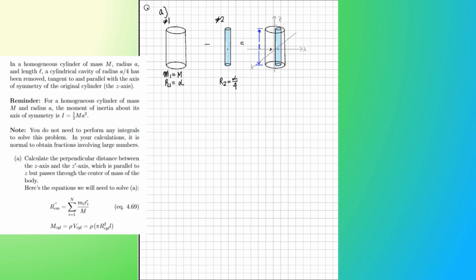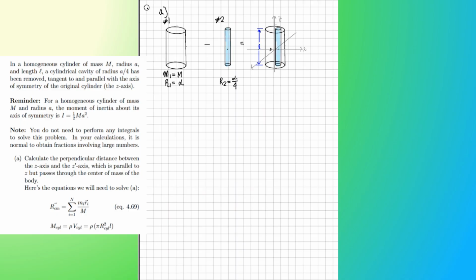Okay, so since the statement explicitly says that we do not need to use any integrals, we can use a shortcut.